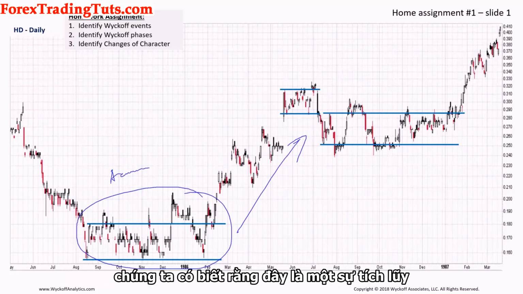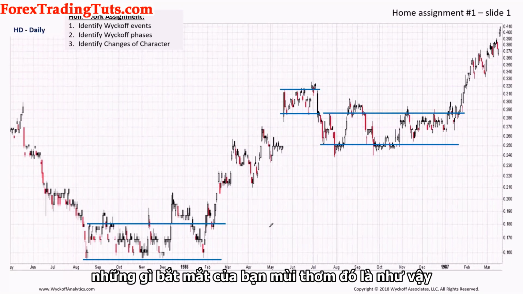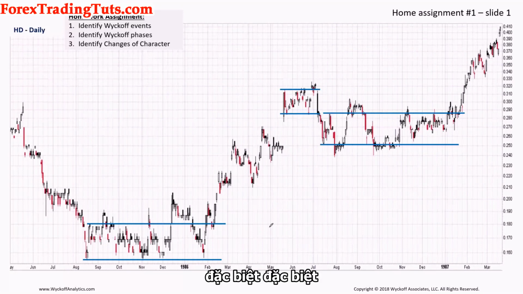We know that this is an accumulation. So in accumulation, the biggest question that I have on labeling, what catches your eye, Rama, that is so distinctively different than anything else that you could identify right away?